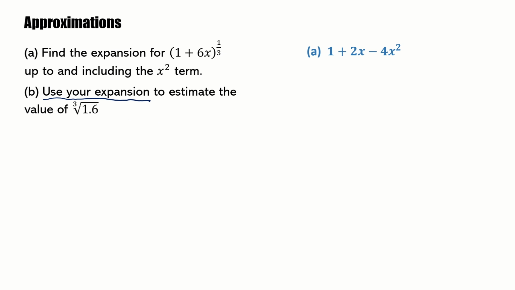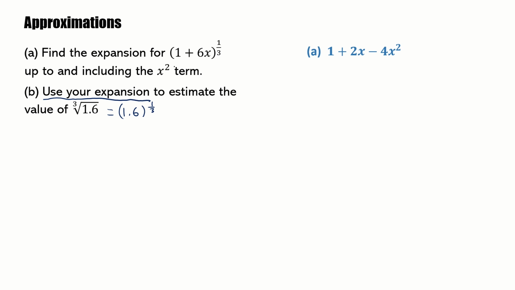Well, for a start, don't be fooled. Of course, cube root is just the power of 1/3. So straight away, we start to see some parallels between what we're trying to find and what we've been given, because we've already found the expansion for 1 plus 6x to the power of 1/3, and now we're trying to find 1.6 to the power of 1/3. So they have the same power.